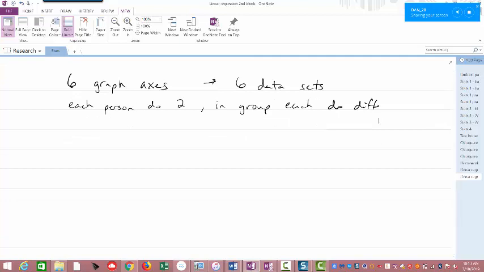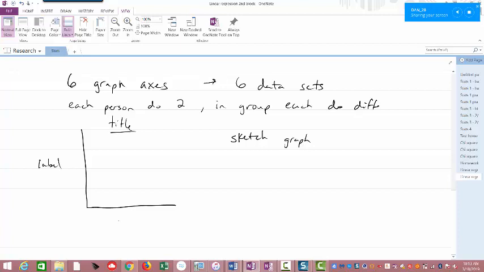You need to enter it into your calculator so that you can see the graph, and then you are going to sketch the graph. It's not going to be perfect, but you need to put a title on your graph. You need to label each axis.